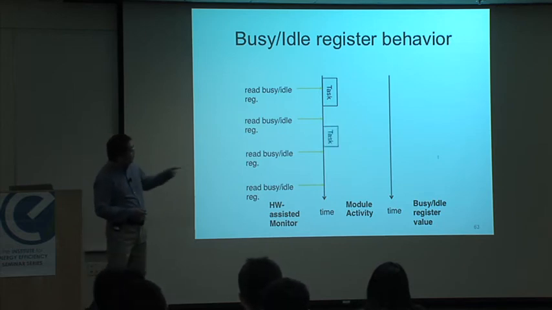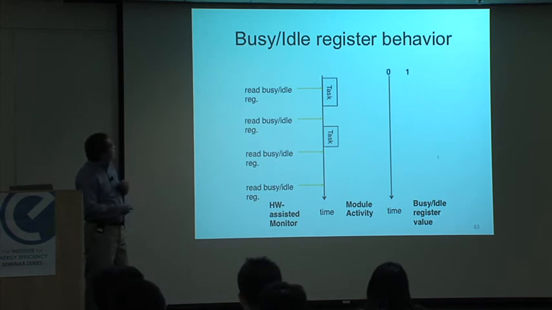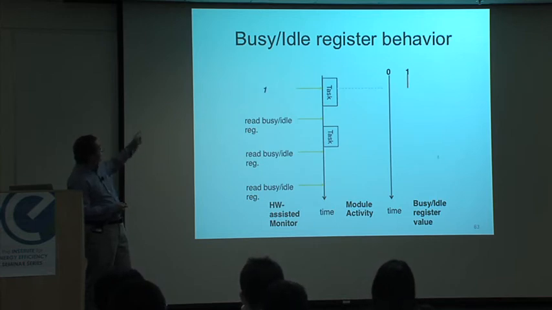Then let's look at the value of the busy idle register. It begins as 1 because it's busy. If it's busy, we put it as 1. And when you read, the busy idle register will be 1. And because it's right now busy, this register will be kept at 1. It will go on to be 1.